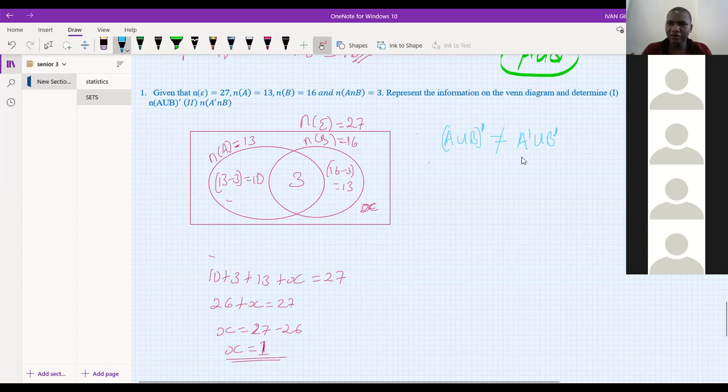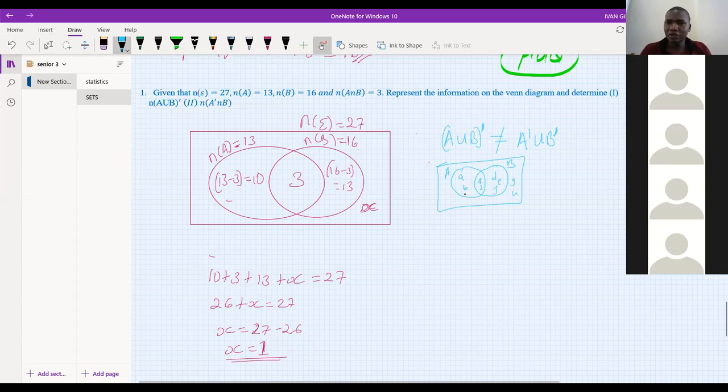Let me just do something small for you here and you see. We're going to shade the region A union B complement and also shade the region A complement union B complement, and you'll see how the two differ. Now, if this is my set A, this is my set B. Let's say we have elements A, B, C, here 1, 2, maybe D, E, F, G, H, like we had in the previous case.